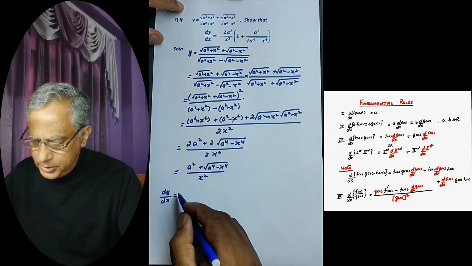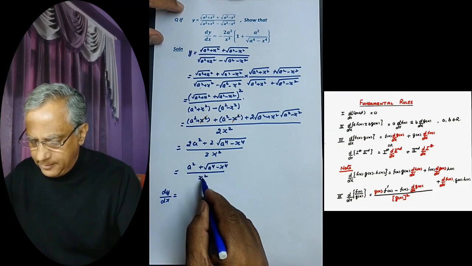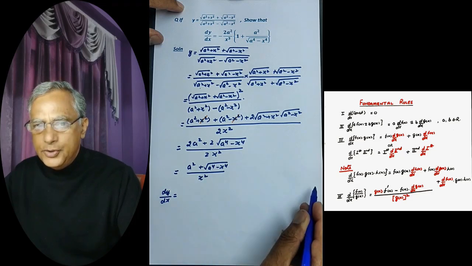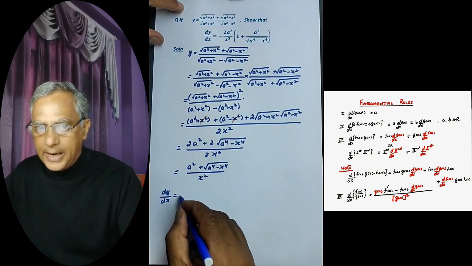Now we will use the formula for d by dx of f by g. You can see the side sheet.